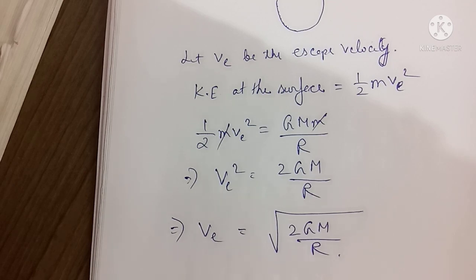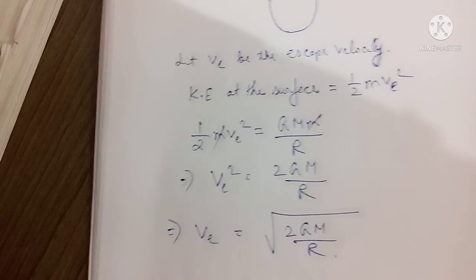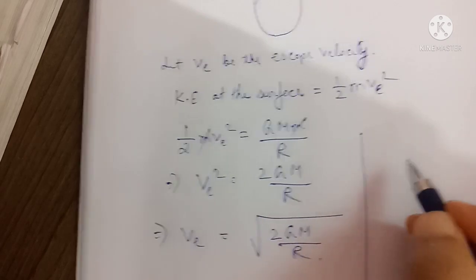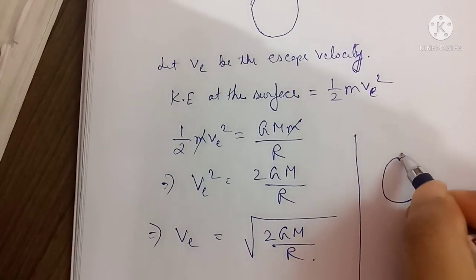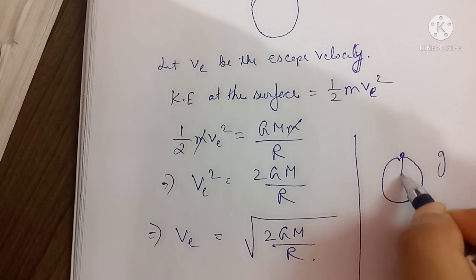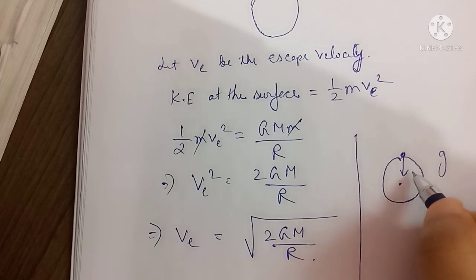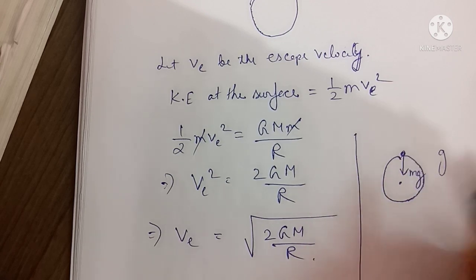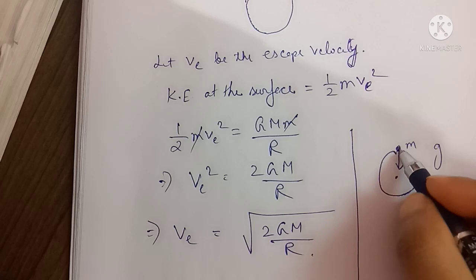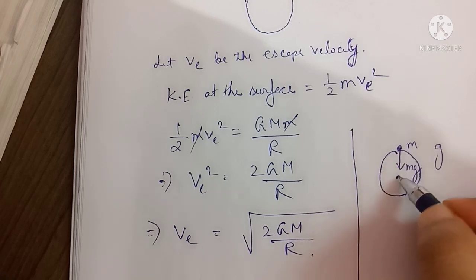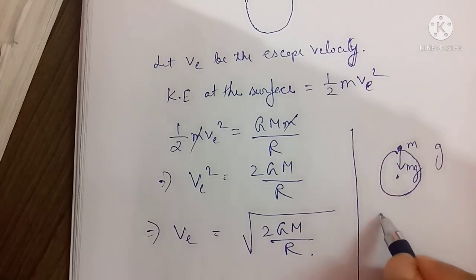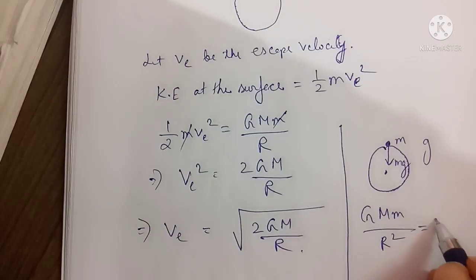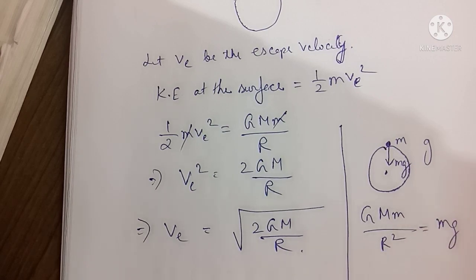Now we know GM by r square is acceleration due to gravity. I'll explain it at the side. Suppose the acceleration due to gravity at the surface of earth is g. One object is pulled towards the center of earth with the weight mg, and weight is nothing but the gravitational force of attraction. If the body of mass m is at the surface of earth, the gravitational attraction between the planet or the earth and the body will be GMm by r square, and this will be equal to the weight mg, because weight is gravitational force of attraction only.